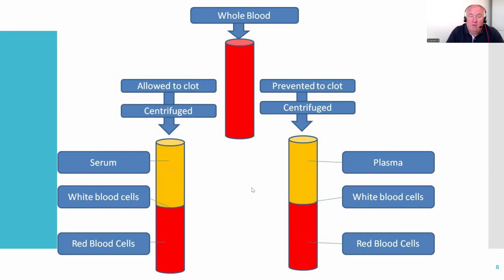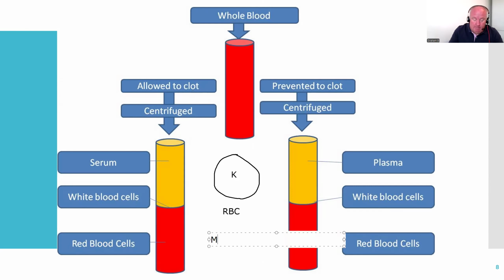Okay, the other thing we cover in a lot more detail is the way the blood was taken. This could significantly impact things like potassium. So for example, if you draw a circle, and this circle represents a red blood cell, almost all of our potassium is inside red blood cells and inside muscle cells.